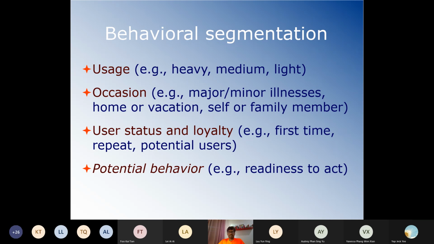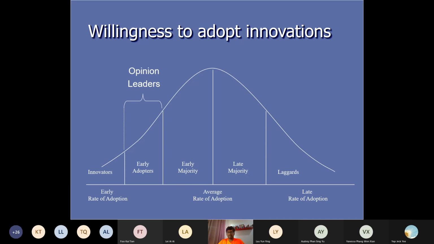The user status and loyalty, whether they are a first time user or repeated user or potential user, will determine the behavior of purchasing. And potential behavior is the readiness to act, readiness to change, readiness to adopt a new treatment. So when we say readiness to adopt the new treatment, we must understand what adoption is.